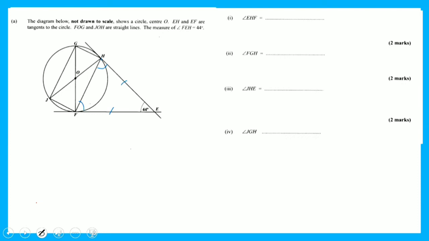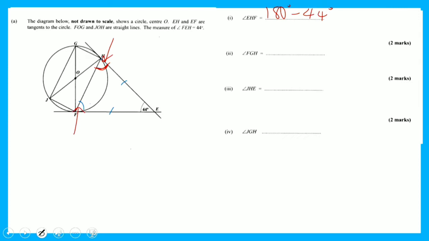We did say there's an isosceles triangle, so we're simply going to say EHF is going to be 180 degrees minus 44 degrees. And whatever answer we get, we are going to be dividing it in two because we know that these two angles are going to be equal.